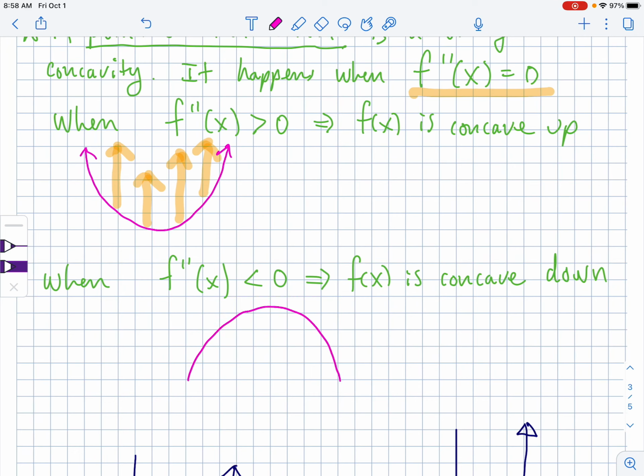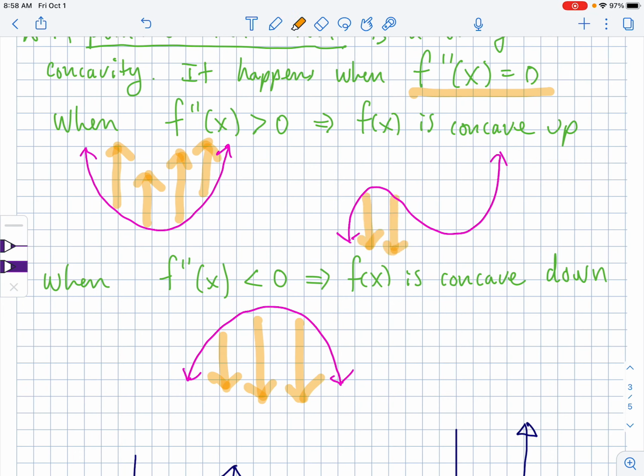Now concave down, if I use the parabola again, an upside down parabola would look like this. And even though it has two different slopes of tangents, this is concave down. So you can get graphs that have something like this. And this section is concave down.